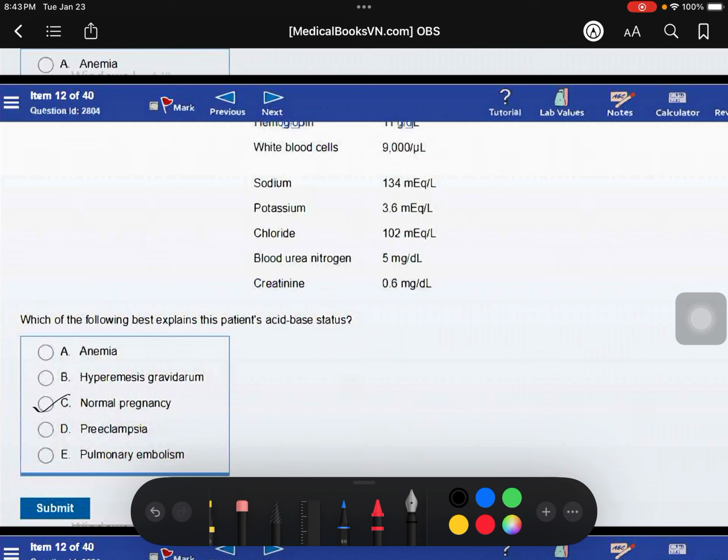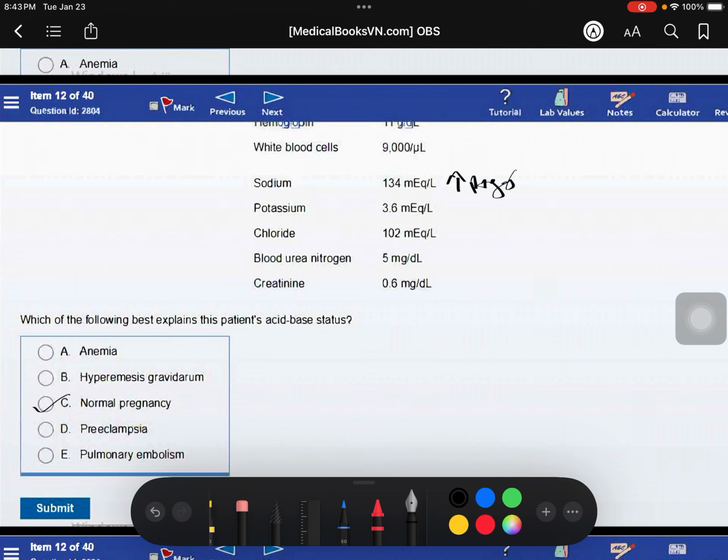The correct option is choice C, normal pregnancy, because as we already know, pregnancy causes increased progesterone concentration during the first trimester, and increased progesterone changes the homeostatic set point in the medulla, which is the respiratory center of the brain. As a result, the respiratory effort is exaggerated. The normal hyperventilation of pregnancy is characterized by increased tidal volume.